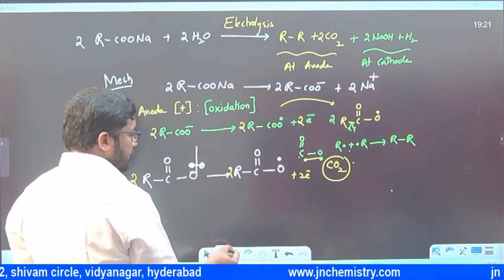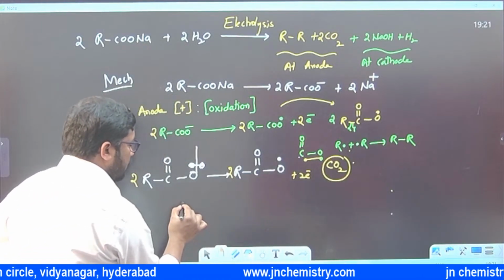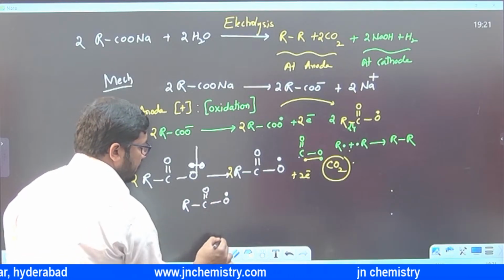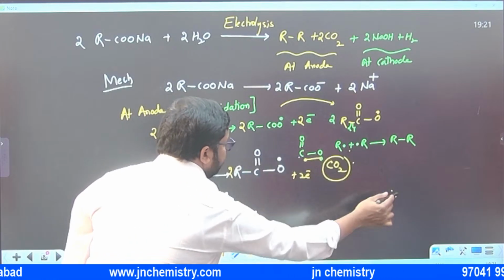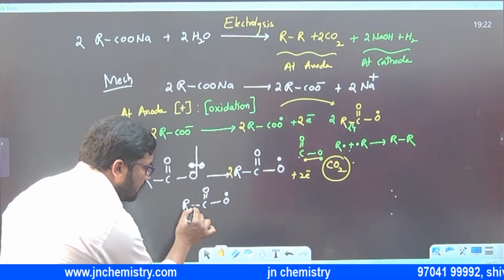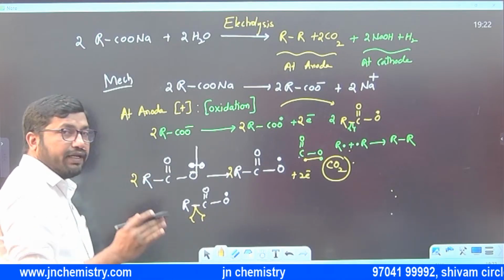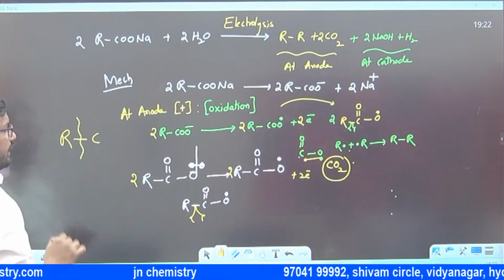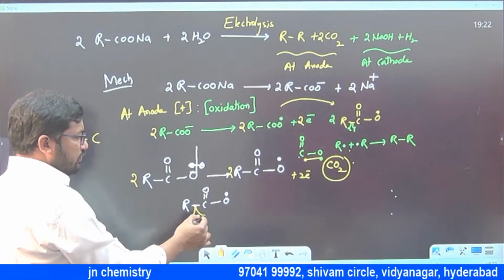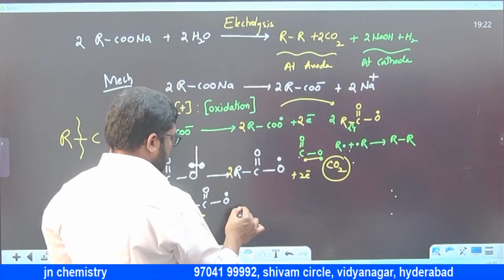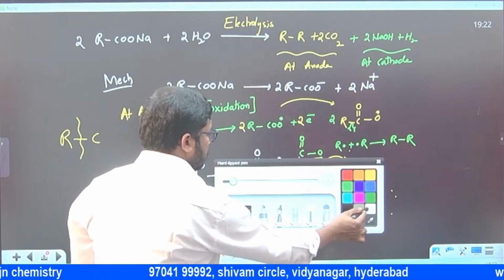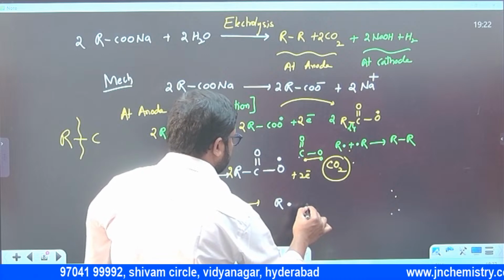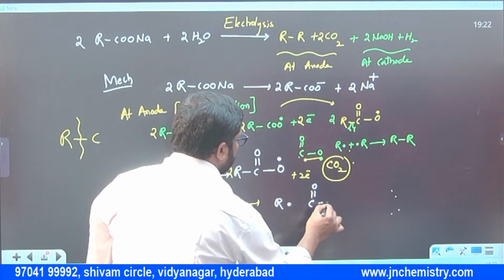And in the second step, this molecule R C double bond O radical undergoes homolytic cleavage between R and C. So what do we get? R radical plus C double bond O radical.